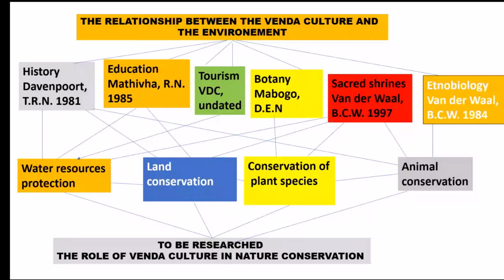And you can remember subheadings such as history, education, and tourism, because this is what you are going to see in the next slides. When I said there were sources that were just generic, indeed they were, because I would have extracted some statements that made me organize this mind map in that fashion.